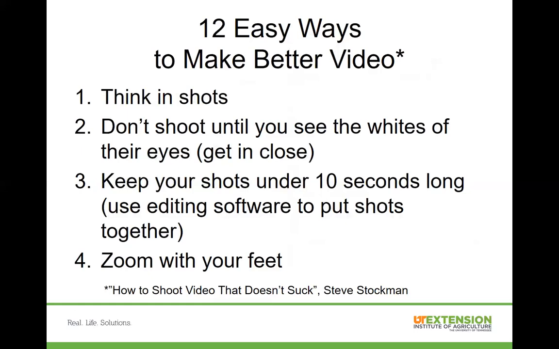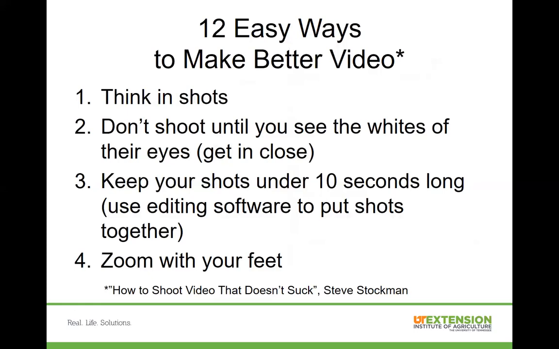Point number two is don't shoot until you see the whites of their eyes. Read that to be that you need to get in close. With wide, big shots, people can't figure out from the video what they need to focus on. So as we're creating and shooting the video, we need to make sure that we're focused on the actual thing that we want to show.